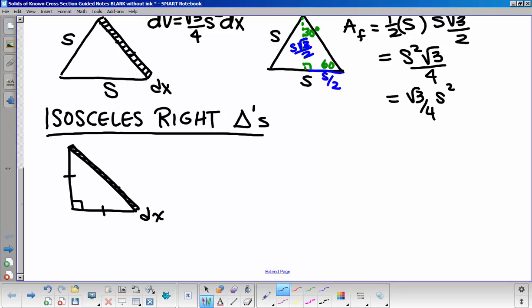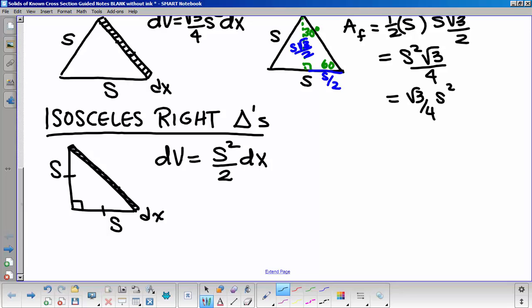And I'm going to call this s and this s. And so what is one slice of the volume here? It's going to be 1/2 the base, which is s, sorry. So it's just 1/2 s squared, or s squared over 2 times its thickness dx. Sorry, I botched that up.